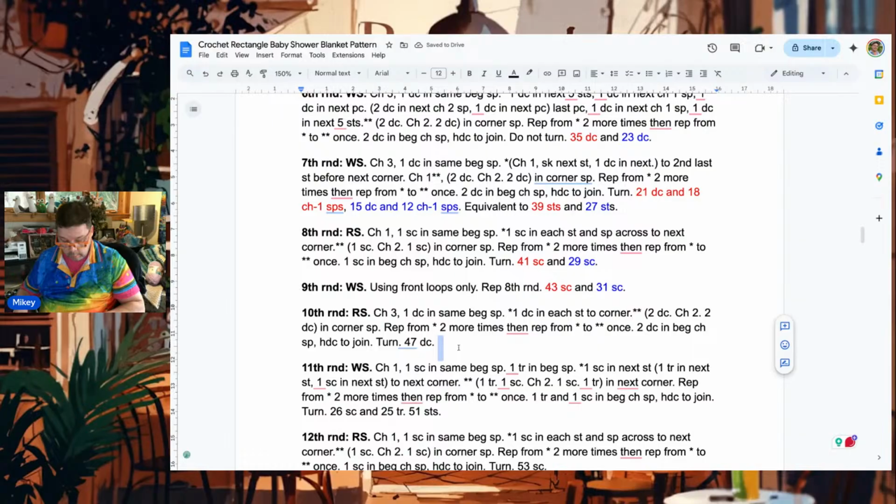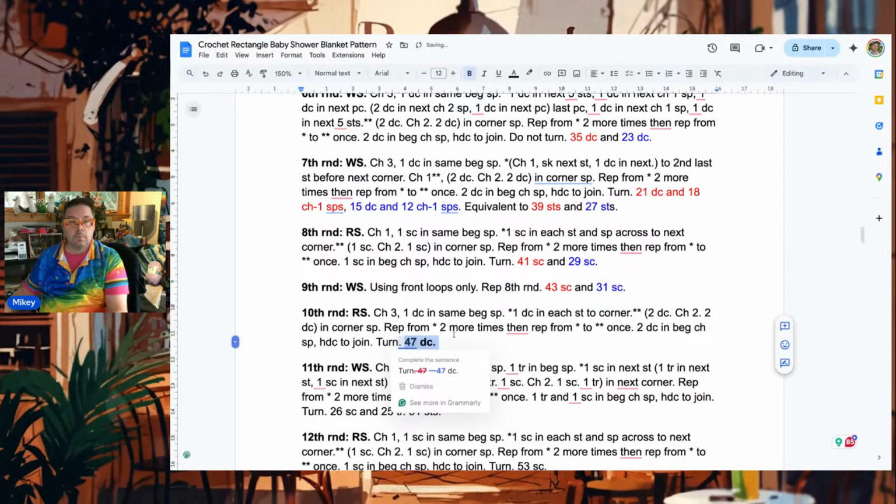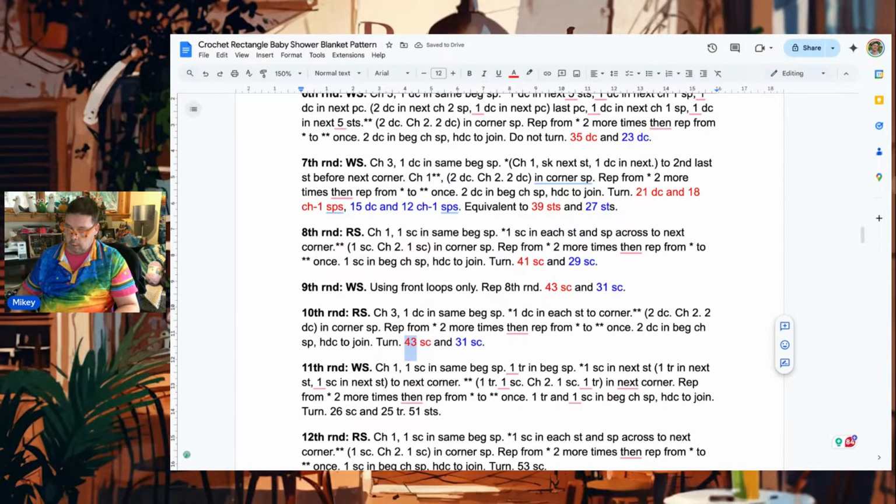And double crochet for, so it's an increase by 4. So 44, 5, 6, and 7. Just checking my notes. 47 is right. And 31 plus 4 is 35.